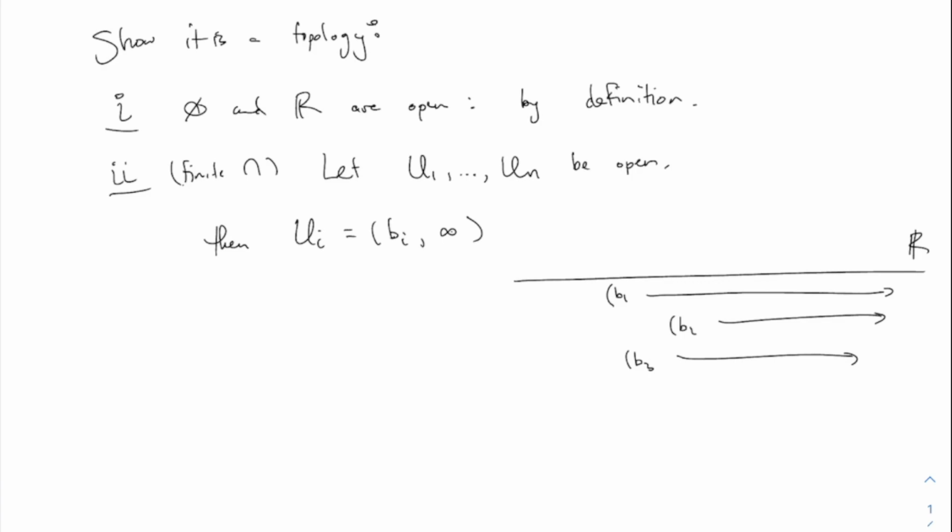There's only finitely many, so eventually they just stop. Bn maybe is over here. If I take the intersection of all of those, is it still an interval which starts somewhere and goes up to infinity? I think it is. The way it looks on the picture, it seems to me that if you take the intersection of all of those, it looks like some interval which goes up to infinity.